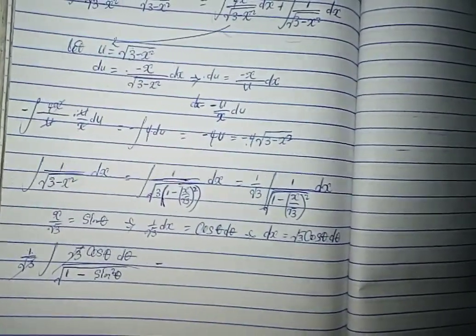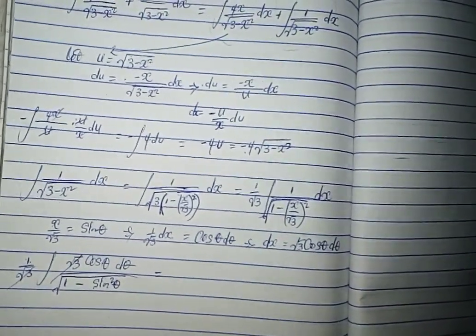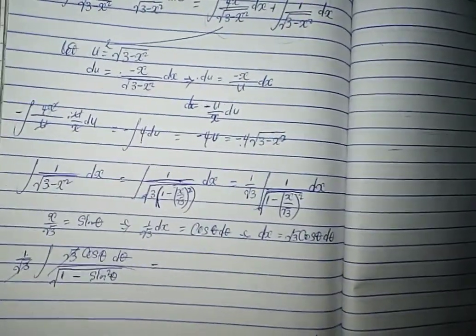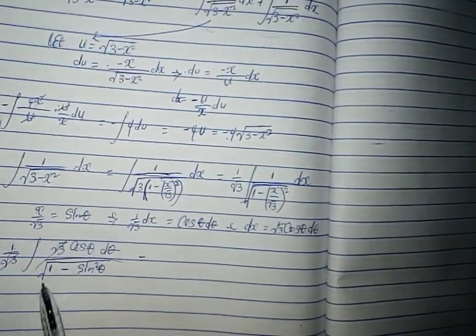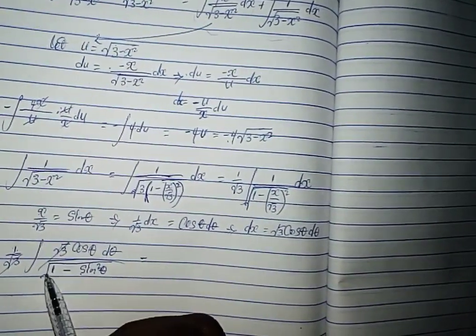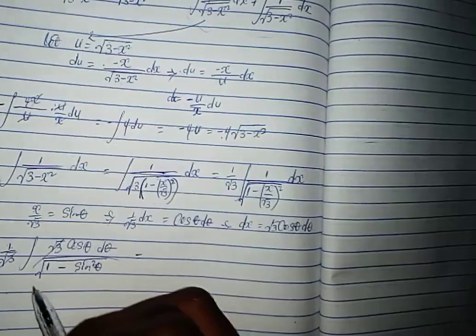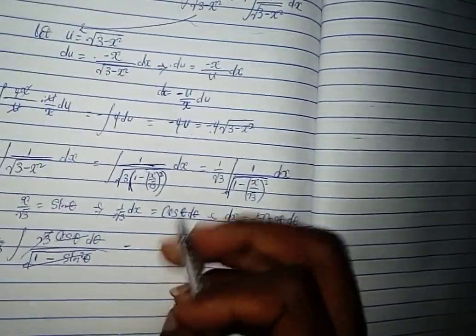So cos squared theta is equal to 1 minus sine squared theta. Taking the square root of both sides, we know that cos theta is equal to the square root of 1 minus sine squared theta. And this is the square root of 1 minus sine squared theta. What that tells us is that this is the same thing as cos theta. And this can cancel out just like that.